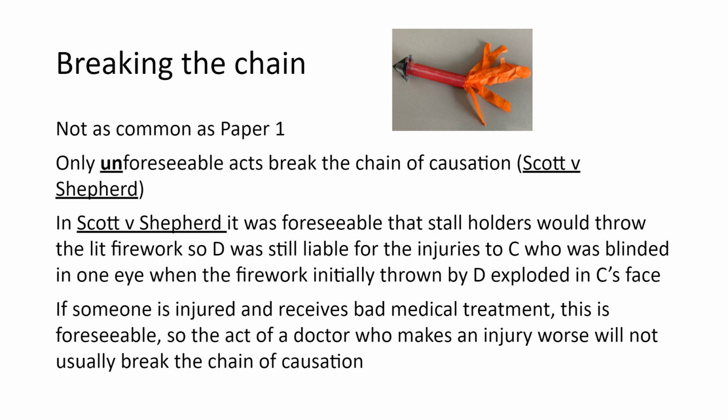So this would apply if, for example, someone is injured and gets bad medical treatment, because that is unfortunately foreseeable. So the act of a doctor who makes an injury worse would not usually break the chain.